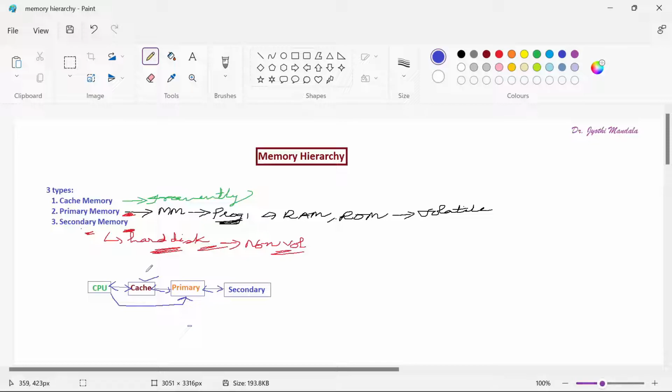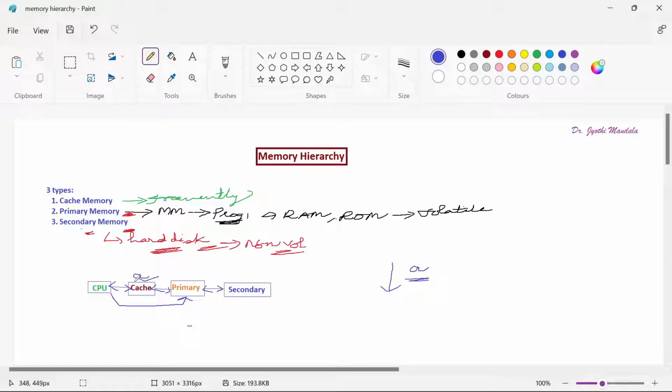Let us consider we want to use a variable A in our program, and we keep on using this variable A. Then instead of storing variable A in the primary memory, we can store it in the cache memory, because it is frequently used. Understood? So that we can reduce the time to get the value.